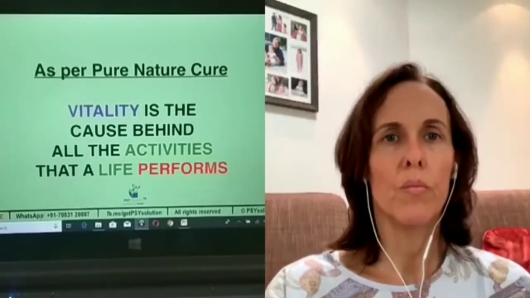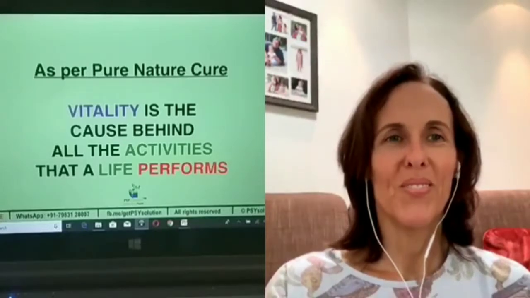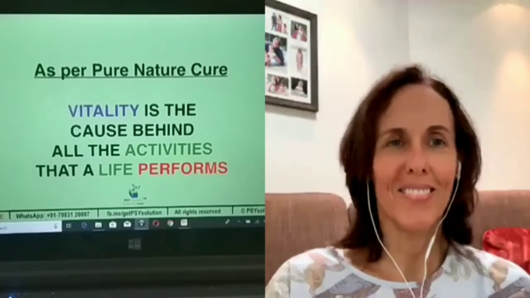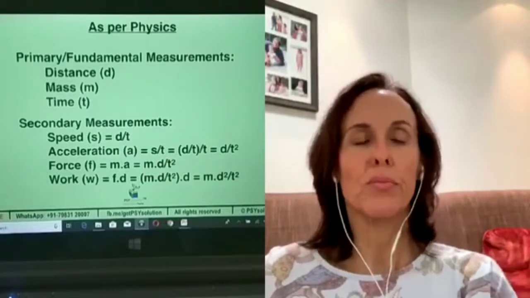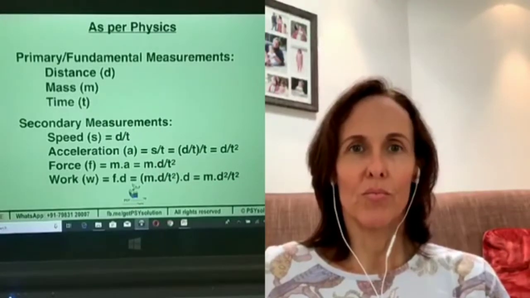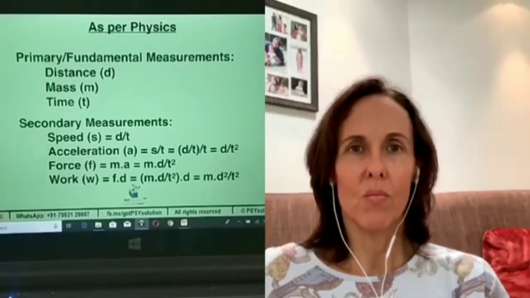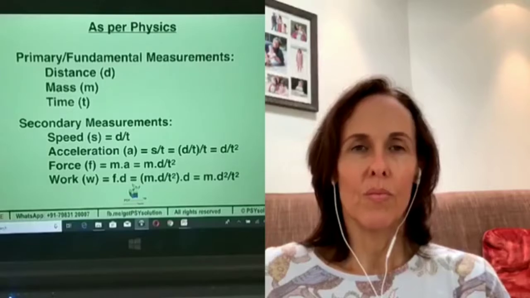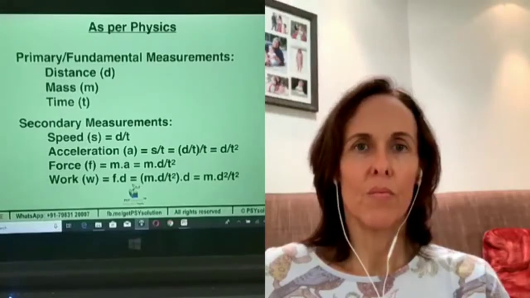Now let's go a little deeper to understand the basic physics, to understand what is energy. I'll start with very fundamental primary measurements, which all of us have studied in schools. There are three primary measurements: distance, mass, and time. Based on those three measurements, other secondary measurements come up.